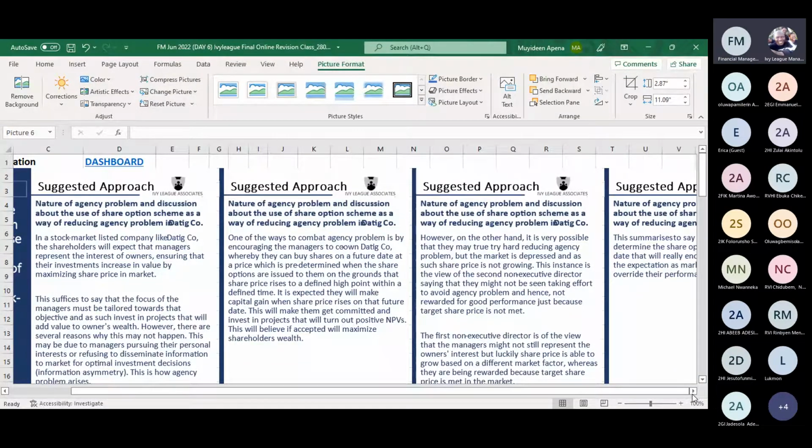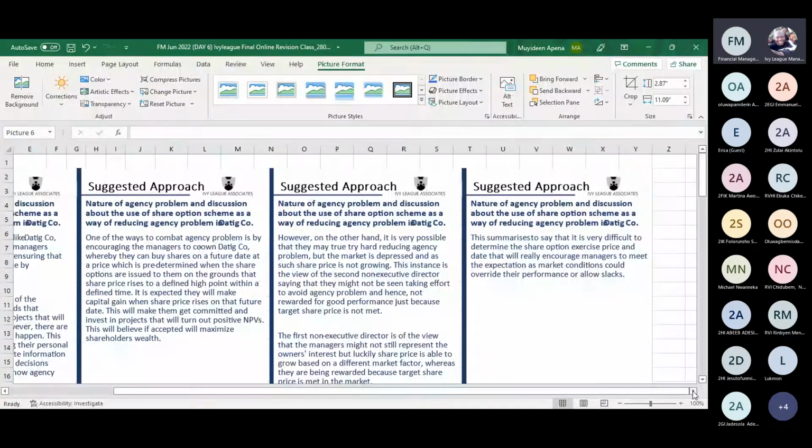While the other director is saying that you may not be rewarding them for all the efforts they have made because the market is poor and the share price is falling. Those are the arguments put forward in the question, and that's how you are going to support the positions of the directors.